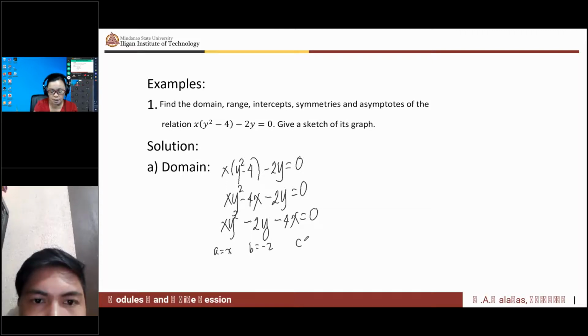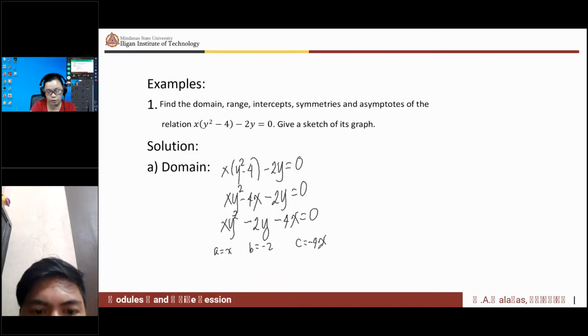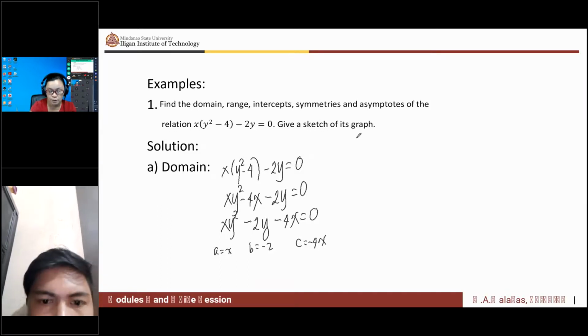And our c is negative 4x. In the quadratic formula, you have a y squared plus by plus c equals 0. Okay, so that's quadratic in y. Because this is not factorable, we can only do this by completing the square or by the quadratic formula. So it's easier to use the quadratic formula.